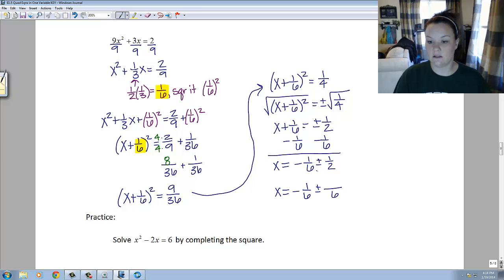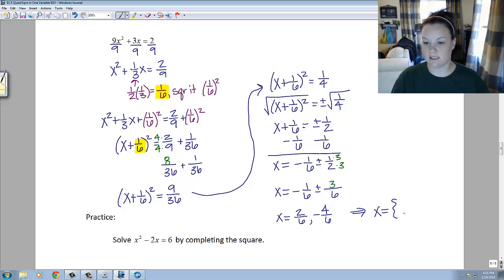So if I do negative 1/6 plus 3/6, that leaves me with 2/6, and negative 1/6 minus 3/6 gives me negative 4/6. And then I just reduce. So that gives me x is equal to, I'm going to do the negative one first so I can write them in order. Negative 4/6 reduces to negative 2/3, and 2/6 reduces to positive 1/3. Okay. And we can just leave it like that.